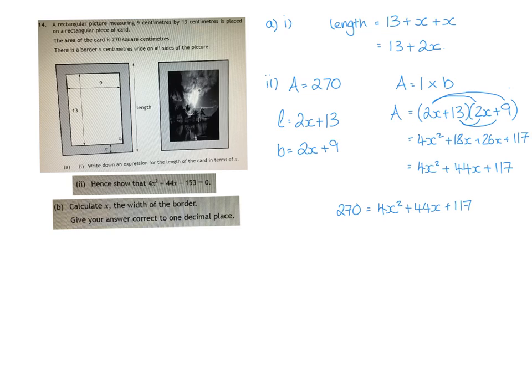We've got to set it equal to 0, so we have to take 270 from both sides, which gives us 0 is equal to 4x squared plus that 44x, and then you're going to end up with the minus 153 that we have in the question. So we've proven it. That's us done for part 2.